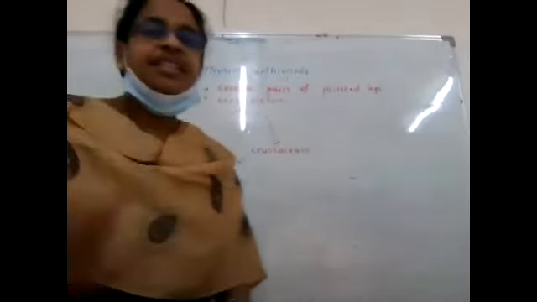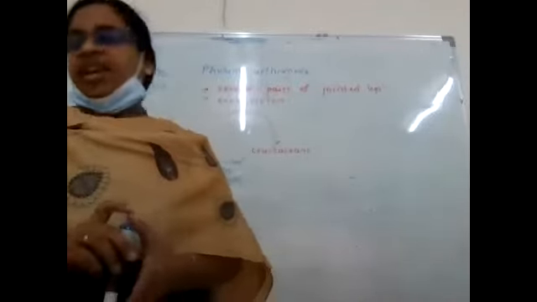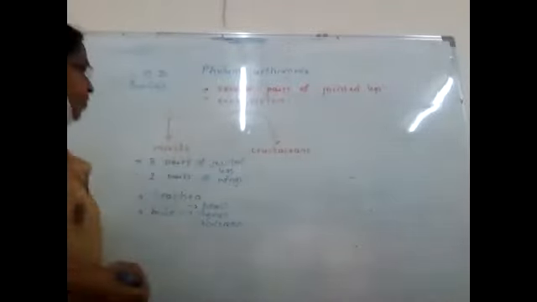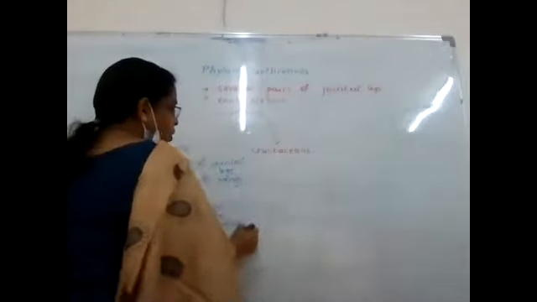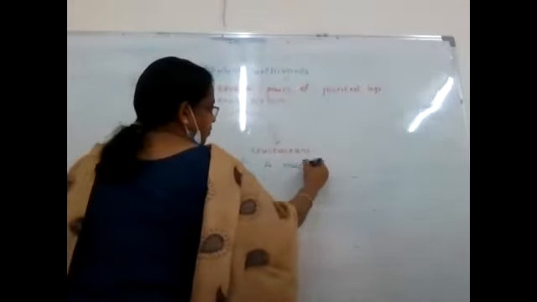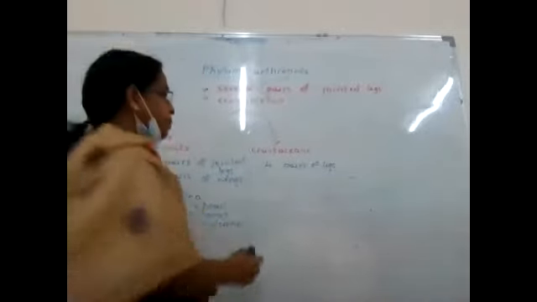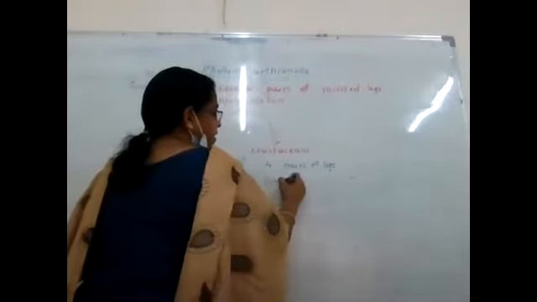Crustaceans, example is crab. Have you seen crab? Yes. Okay. Crabs, they have more than 4 pairs of legs and they breathe through gills.